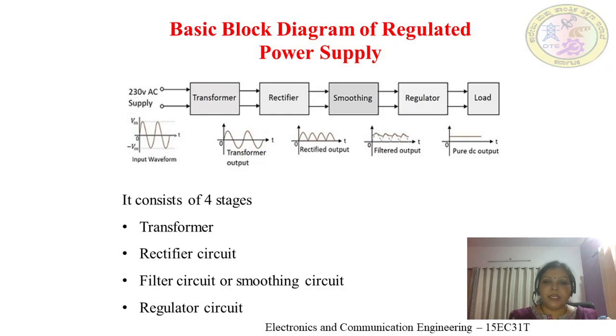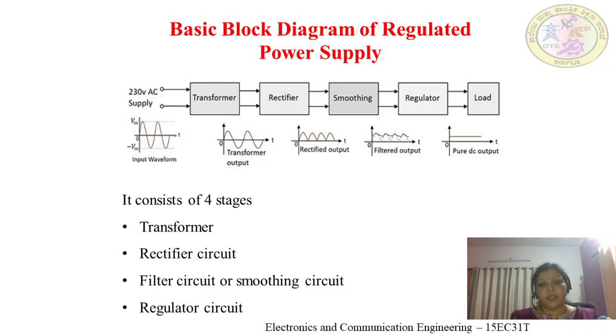There are many types of voltage regulators, such as fixed and variable or adjustable voltage regulators, in the form of integrated circuits like the 78XX series and 79XX series. LM317 is a variable or adjustable voltage regulator. You are going to study all this in further sessions.